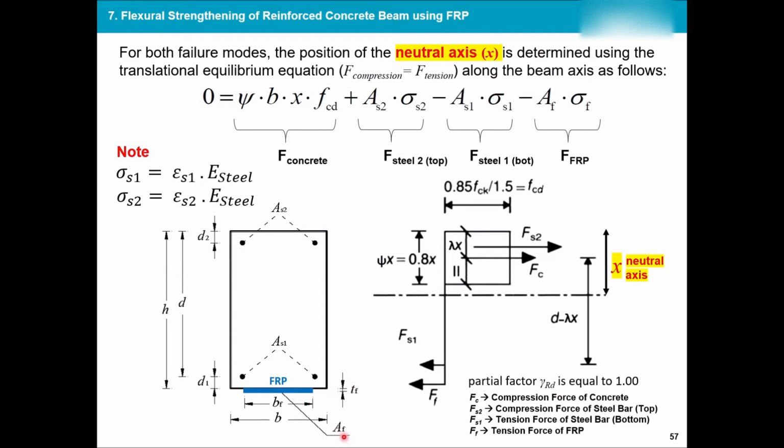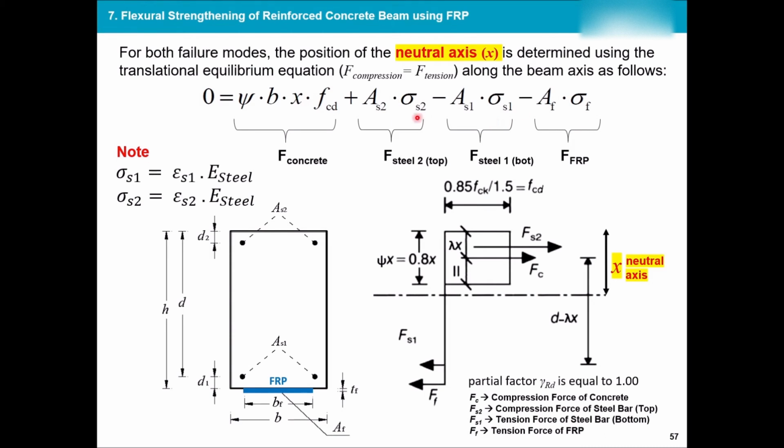I have the area of my FRP and I just multiply it by the stress of my FRP. But why are we doing all of these? We are doing all of these to figure out what is the neutral axis. If I figure out the neutral axis, I can simply calculate all of the strains, and then I can compare and see which mode the failure is happening and whether the failure happens yes or no.